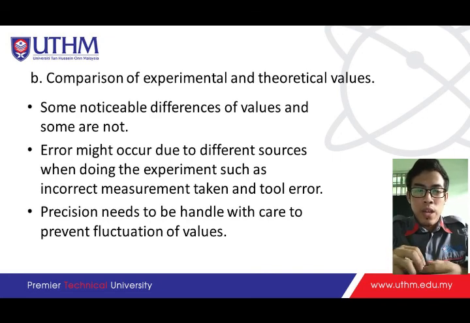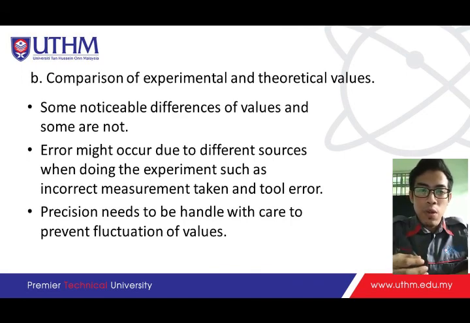Usually the value differences happen because we are not taking the measurements precisely. So when we handle the experiment, we need to be more precise to prevent fluctuation of the values.